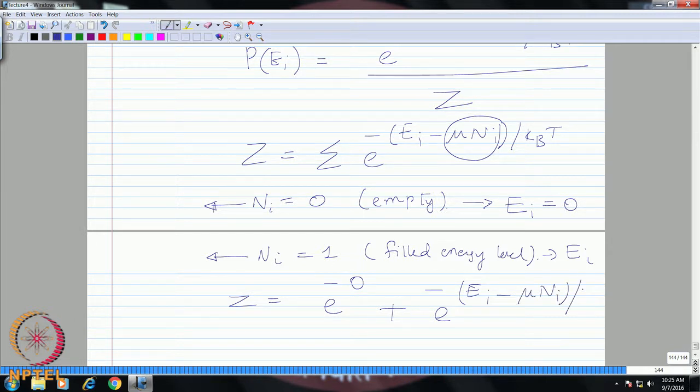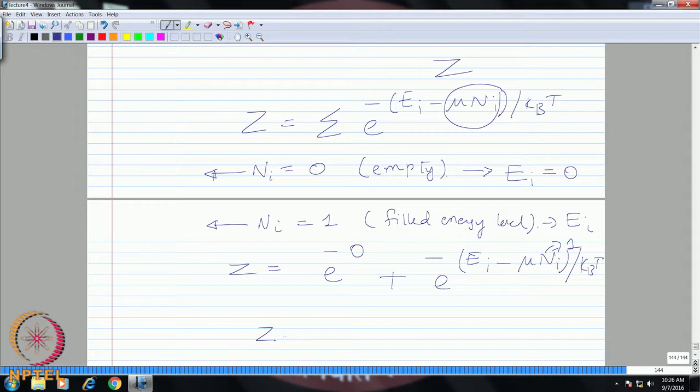In this case N_i will be equal to 1. So, essentially the value of Z becomes 1 plus e power minus (E_i minus mu) by k_B T.